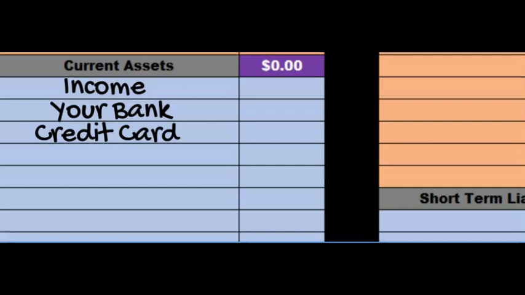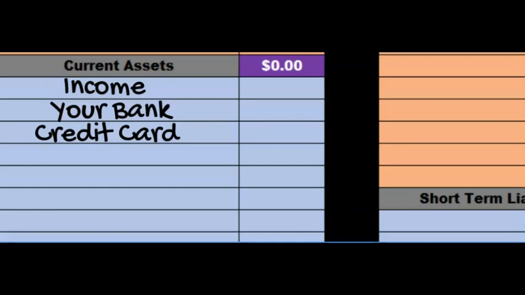So with income, in a way you're the one being sold, right? Your time that you're working is being sold to the company producing that work for them. So you're the revenue, you're the income. That's the current asset.